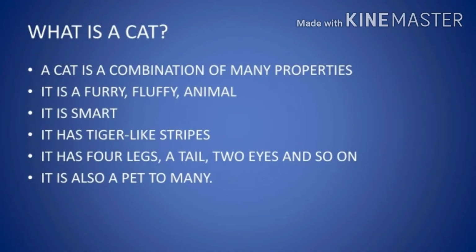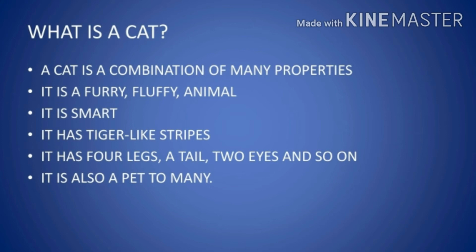So the answer will be a cat is a furry and fluffy animal. It is smart, it has tiger-like stripes, it is cute, it has 2 eyes, 4 legs, a tail, etc. So what are all these? All these are characteristics of a cat, and they are all combined to make one mental image, that is the sign of a cat.